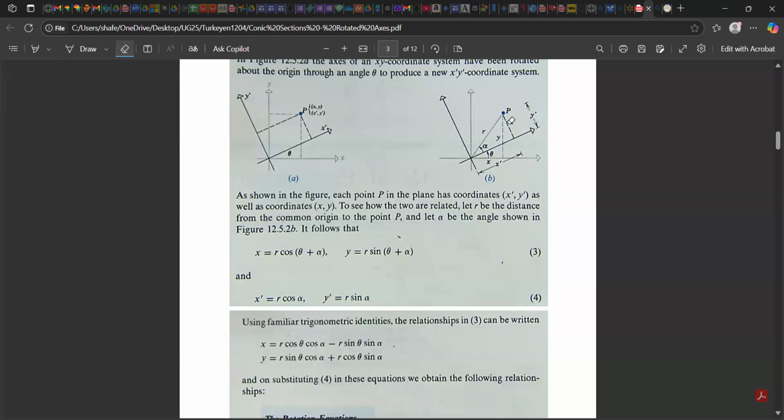So if you take this point P and resolve it down here to get x prime, that is, it's going to be r cos alpha. And if you were to resolve it this way and get y prime, it is going to be r sine alpha, right? So there, we were seeing some kind of relationship between x and x prime, y and y prime.